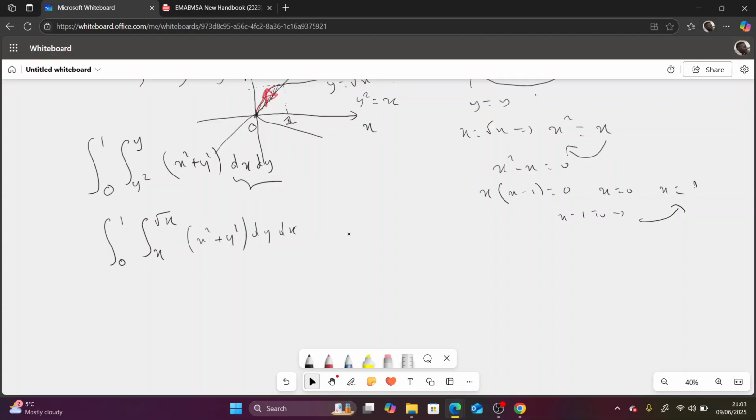Let's solve it, guys. Okay, my good people, let's go. I'm gonna recall it. Let's say we have integration from 0 to 1, y squared to y, x squared plus y squared dx dy.